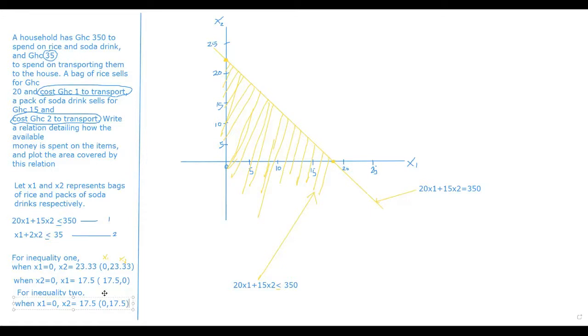Then let's represent S2 with 0. When S2 is 0, what will be the value for X1? 35. Thank you. So the S1 comes first, comma S2.